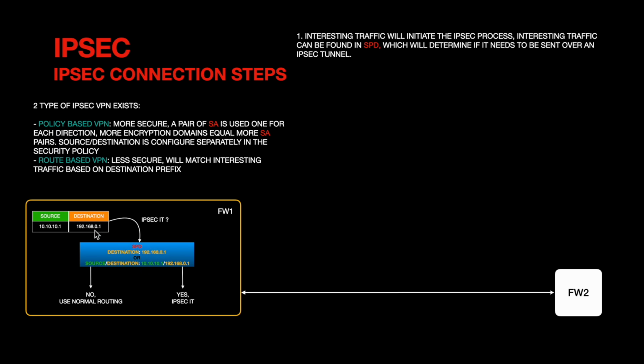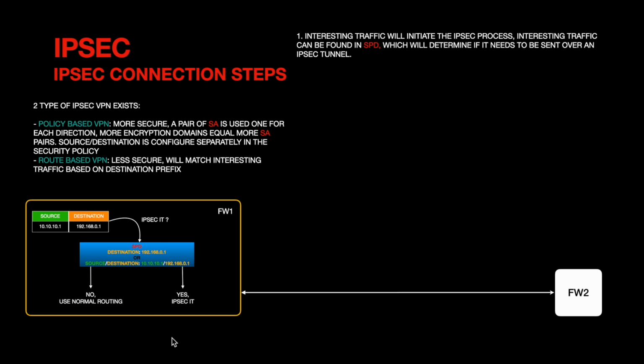And if you have a policy-based VPN, basically you have a set of policies which are describing that the packet with the source IP of, for example, 10.10.10.1 and destination IP address of 192.168.0.1 should get the IPsec treatment and should go over the IPsec tunnel. If there is no entry in the SPD that matches the incoming packet, the packet will be forwarded using the normal routing.